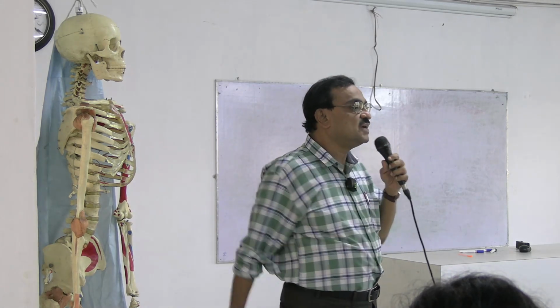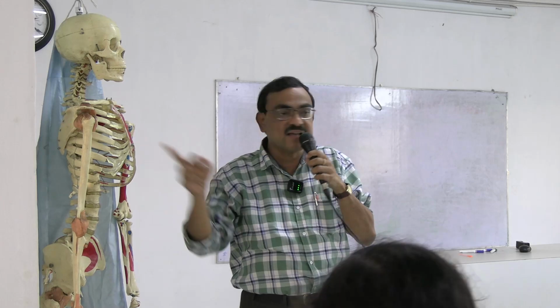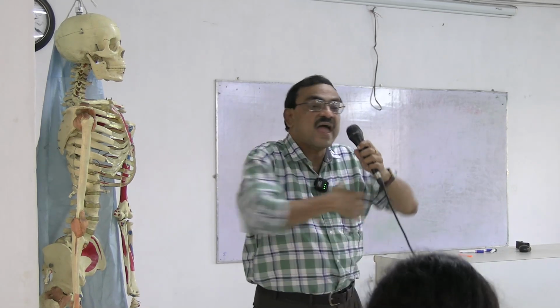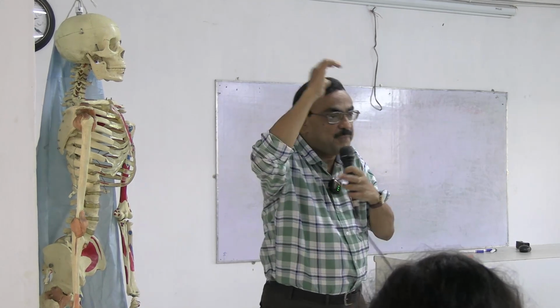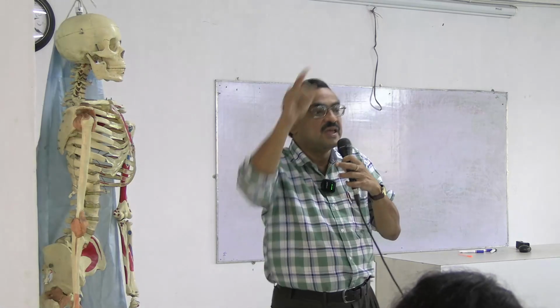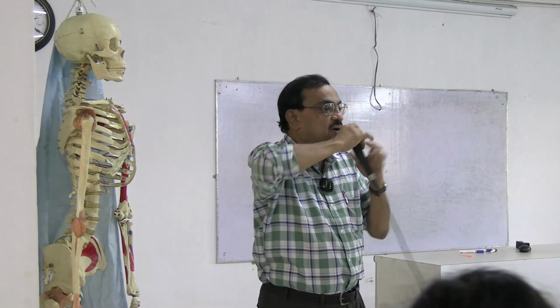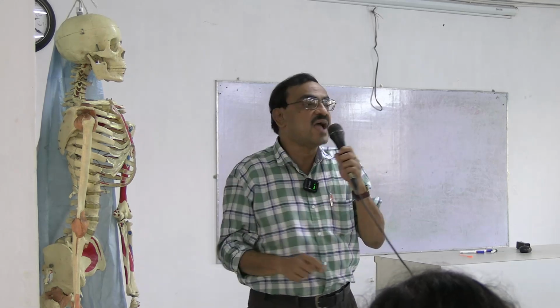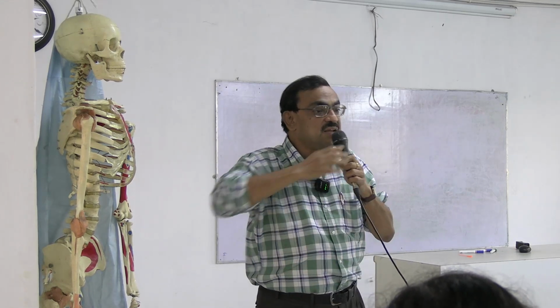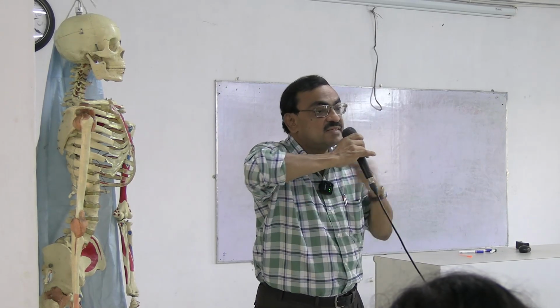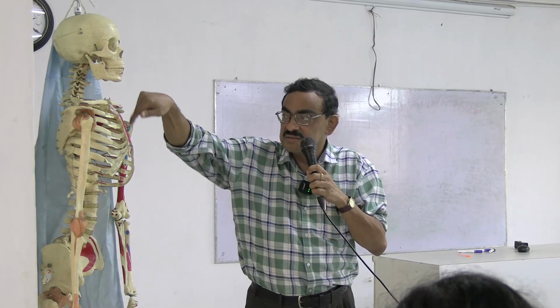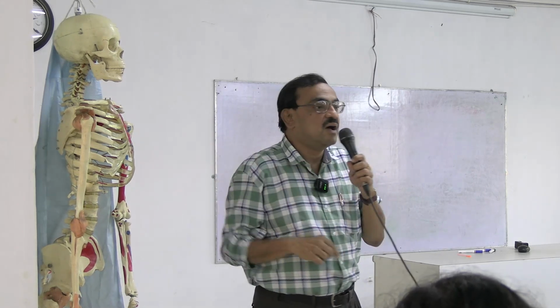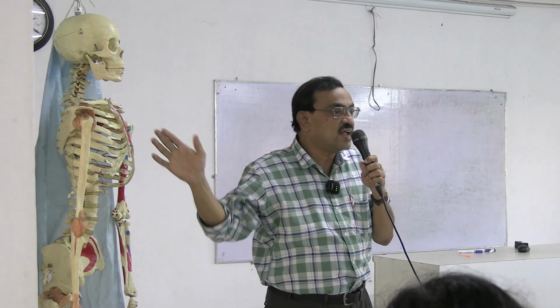That same fascia continues towards the axilla, the armpit, and we know there is a concavity of the armpit. It maintains that concavity, and this fascia is attached to the axillary fascia.